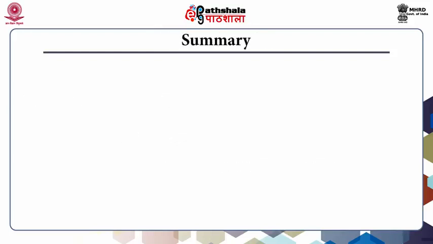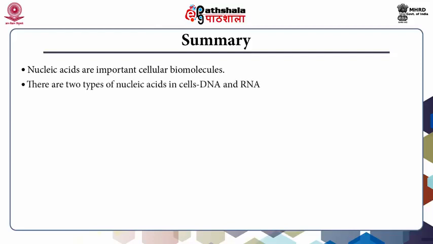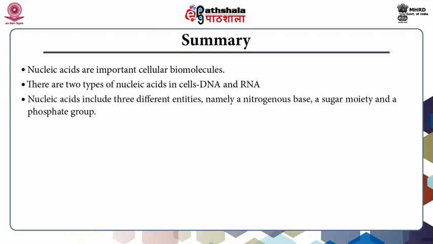So, whatever we have learned so far in this module, we can summarize that nucleic acids are important cellular biomolecules. In fact, these are master molecules. There are two types of nucleic acid in the cells, namely DNA and RNA. Nucleic acids include three different entities, namely a nitrogenous base, a sugar and a phosphate group.